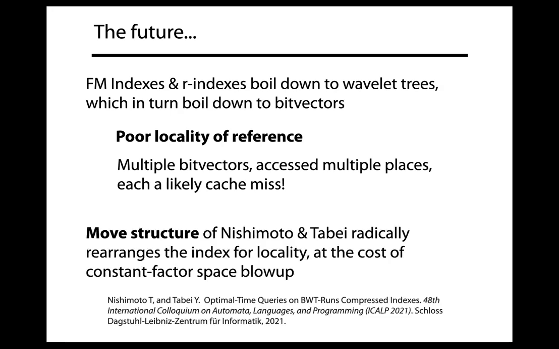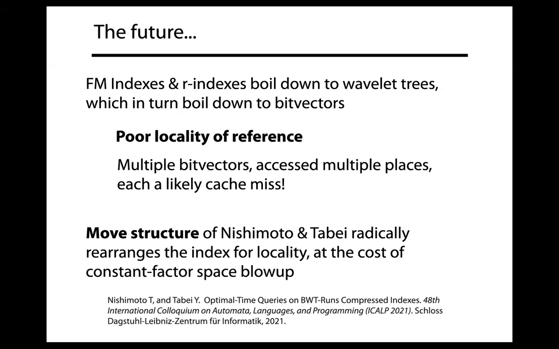But there is a new structure. It was just proposed last year. It's very exciting, called the move structure. It's also a big O of r space pan-genome data structure, but it radically rearranges the data structure so as to basically maximize locality of reference, with the absolute minimum number of cache misses with this particular way of rearranging the data structure.